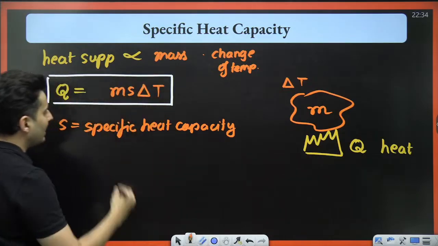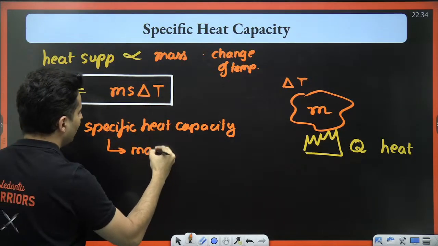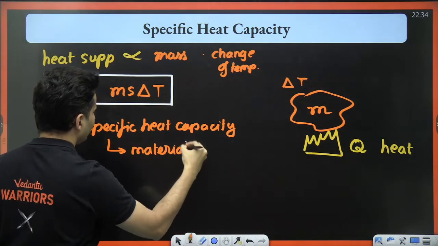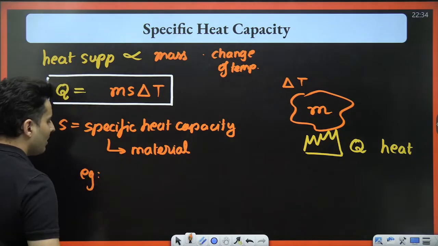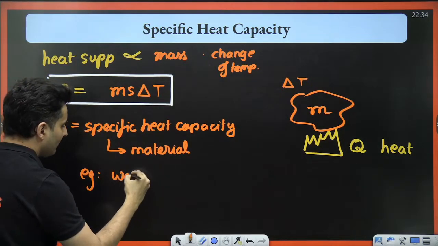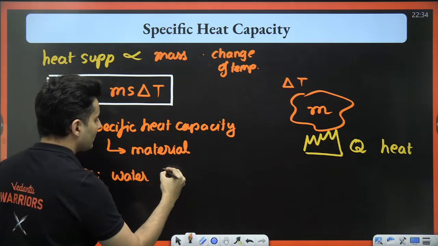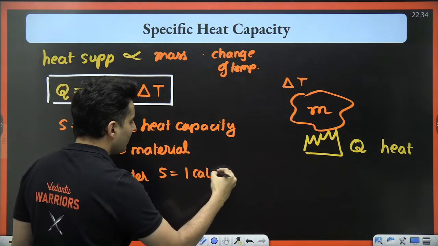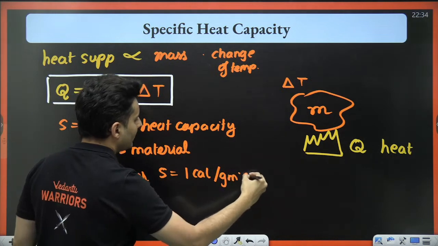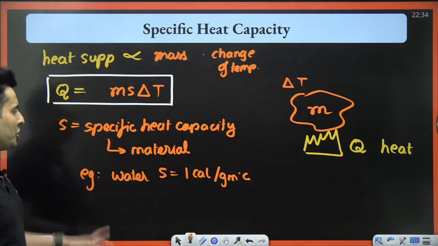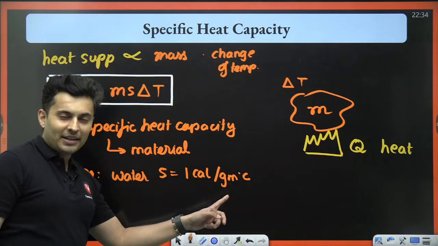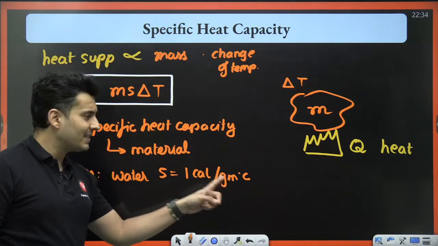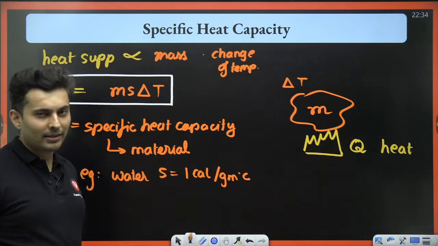This specific heat capacity completely depends on the material. Example, for water, the specific heat capacity is 1 calorie per gram degree centigrade. So if you take 1 gram of water and you increase the temperature by 1 Celsius, you will need 1 calorie of heat.